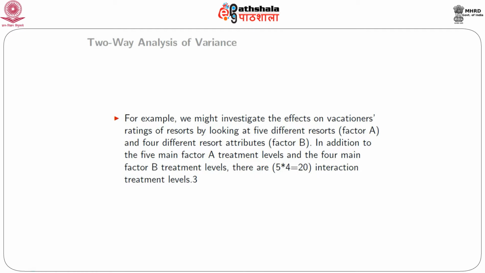For example, in this case I have resort 1 combined with attribute 1, resort 2 combined with attribute 1. In this way, I have got 5 times 4 equal to 20 combinations. For each of those cells, we have one interaction effect.